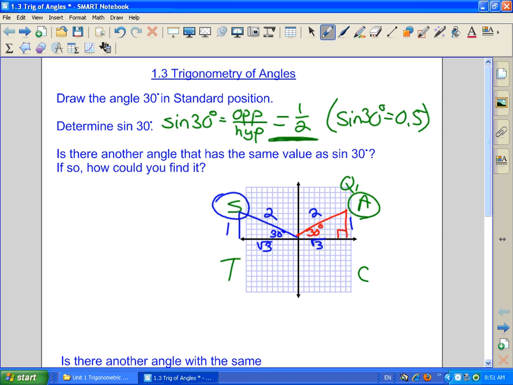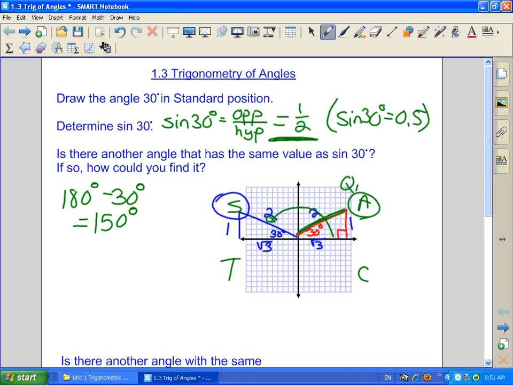But how do I find this specific angle? We know this is our terminal arm, but if I take it from the initial arm to here, how do I figure that out? Basically, you take 180 degrees and you subtract 30 degrees from it, which equals 150 degrees.